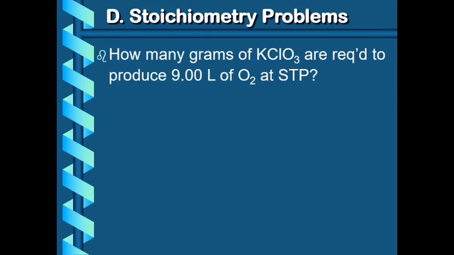Okay, write down this question. How many grams of potassium chlorate are required to produce 9 liters of oxygen at STP? Same equation as we had earlier, but our information is a little bit different. So I'm going to go ahead and rewrite that balanced equation that we had.